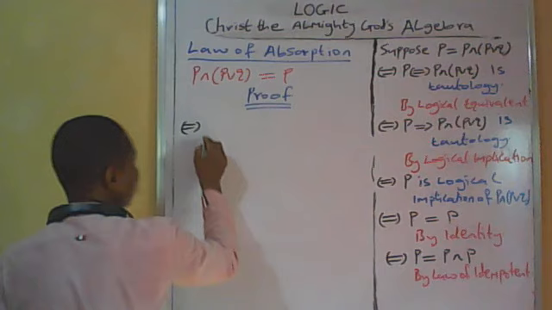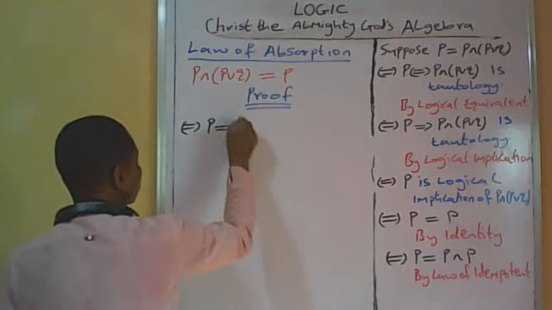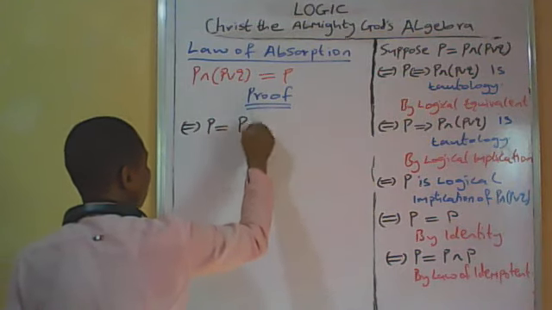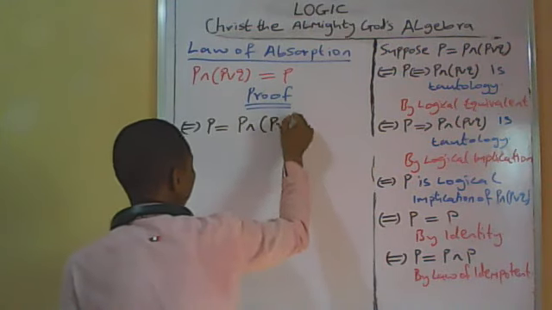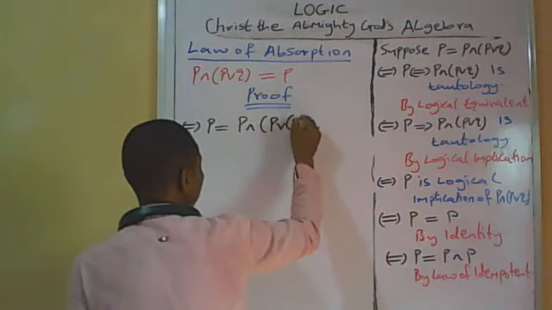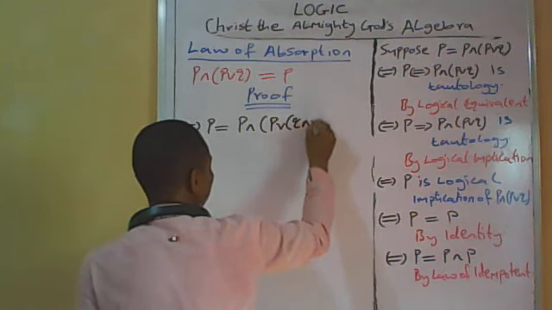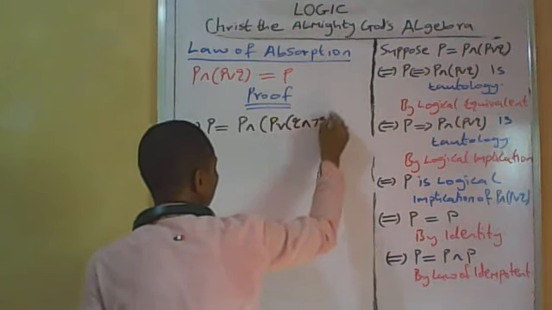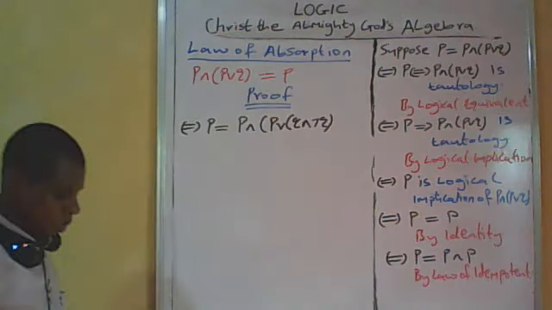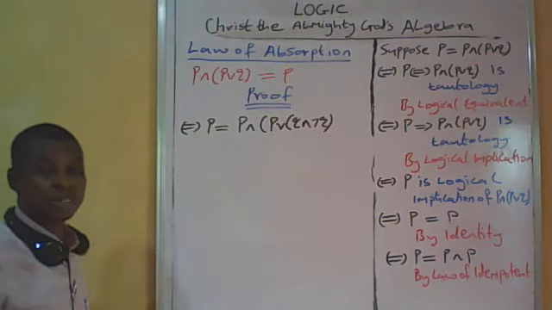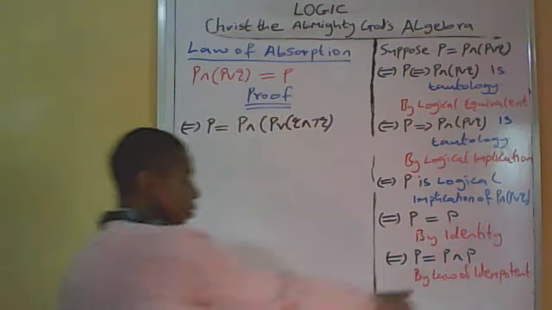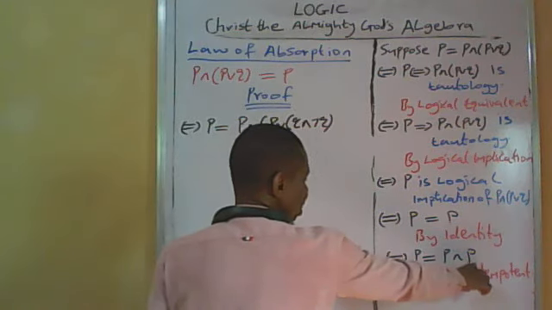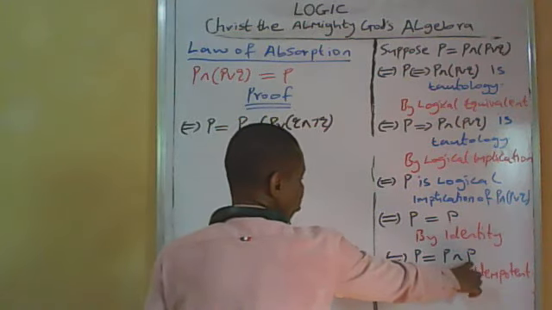If and only if P is equal to P and bracket P or bracket Q and not Q. So it's still equivalent. Both implications are still equivalent. We OR this P, the second conjunct, with falsity.